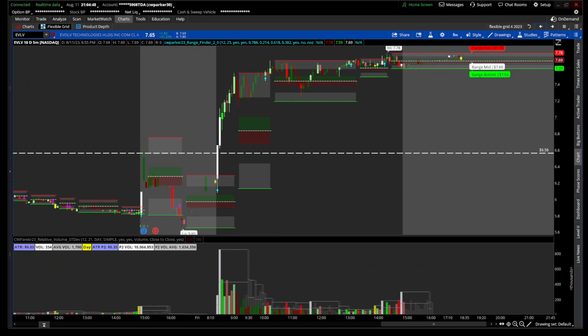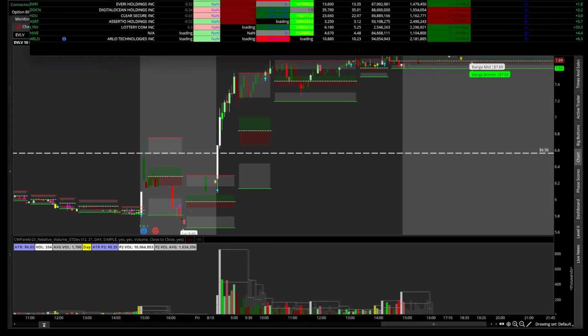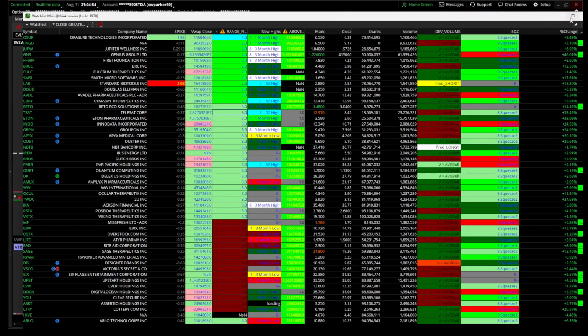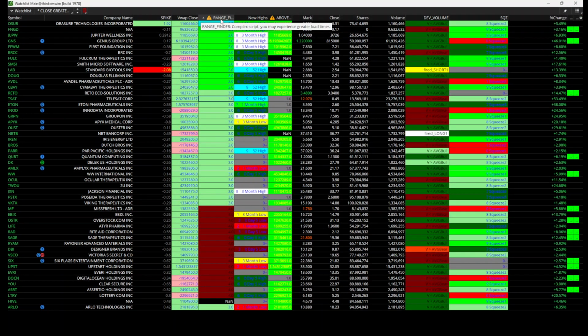The other feature of this indicator is the watch list. So this is your watch list right here. It's telling you it's complex and may experience greater load times. But the watch list works like this. One is a breakout.